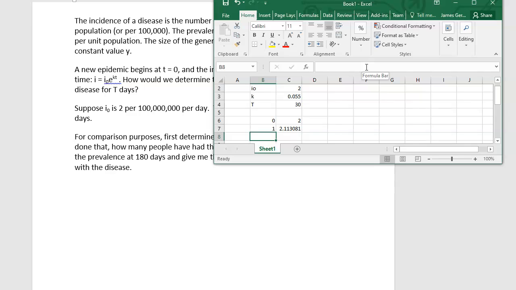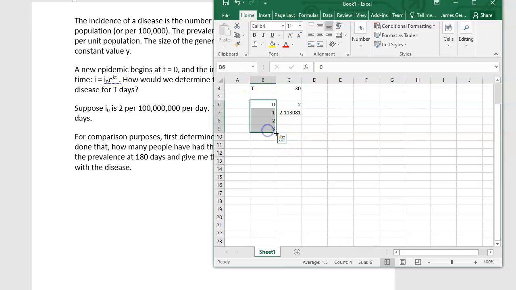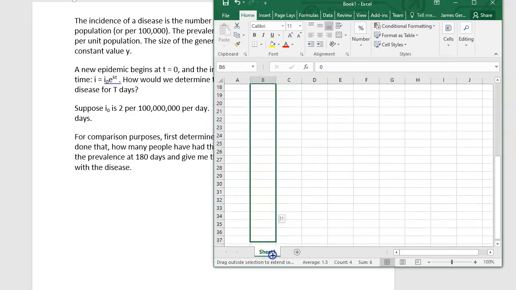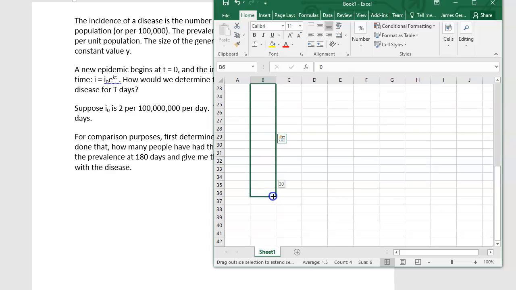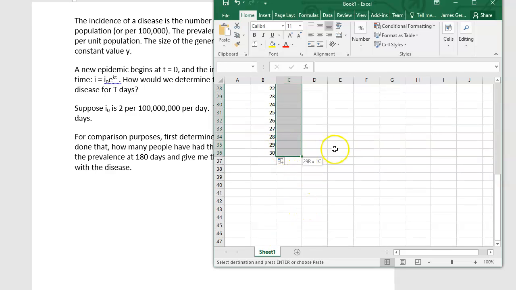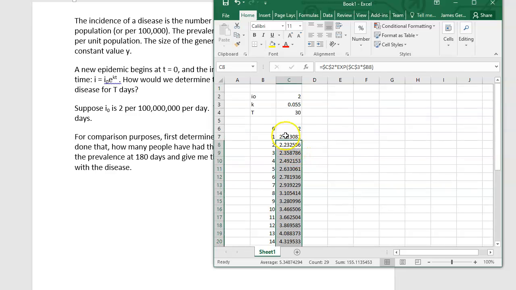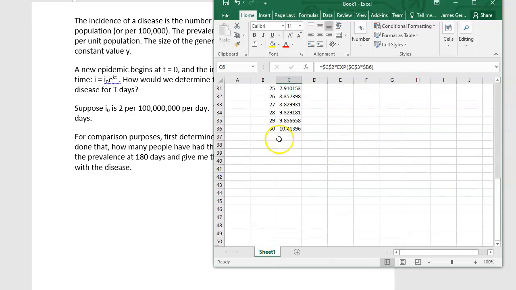Let's go ahead and model this out using Excel for 30 days, since I said in my version here it has 30 days. So day 1, 2 people have it.